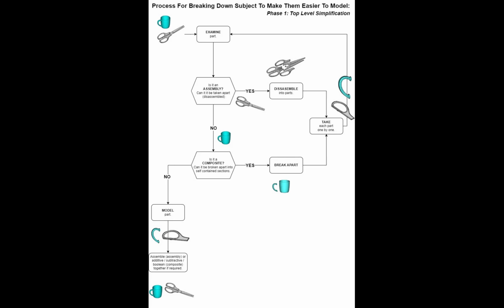Remember our mug, where it was a vessel and a handle. If they can be separated, then they are, and then we can take each one of those and put them through the same process, and that gives us an idea of what operations we need to create the end model. We combine those operations with their additive or subtractive, and if we've got an assembly, we do the same. We combine them together into sub-assemblies.